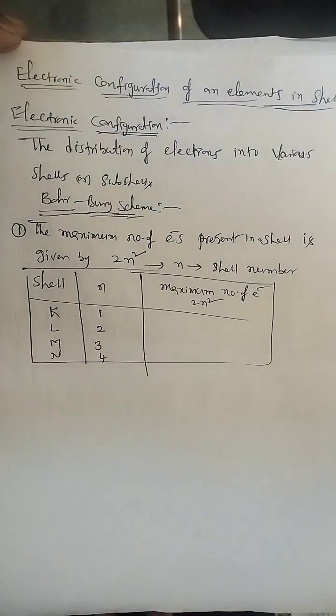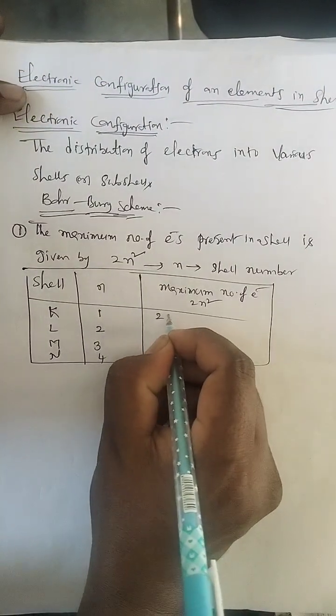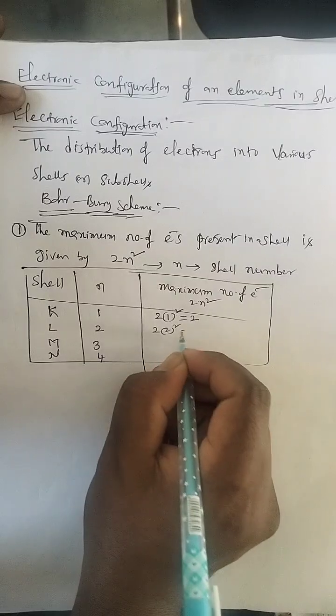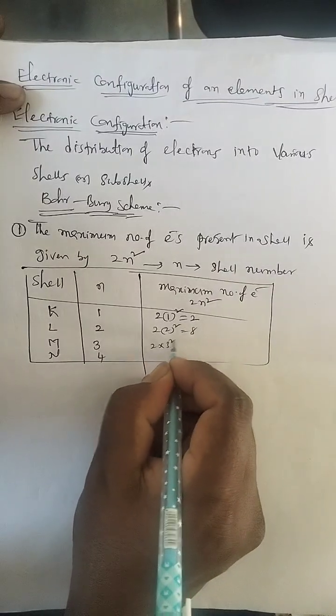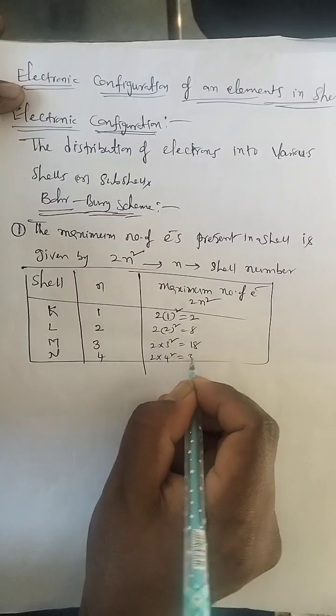The maximum number of electrons: 2 into 1 square is equal to 2, 2 into 2 square is equal to 8, 2 into 3 square is equal to 18, and 2 into 4 square is equal to 32.